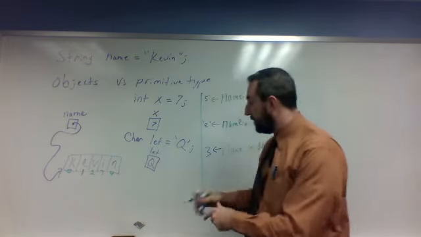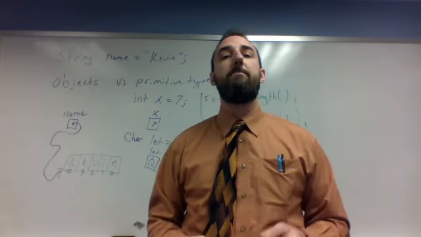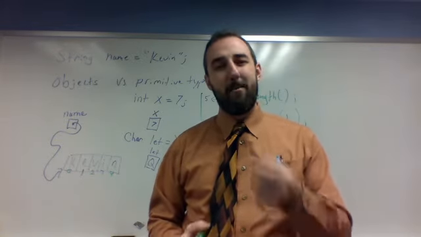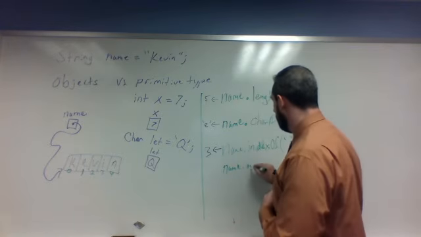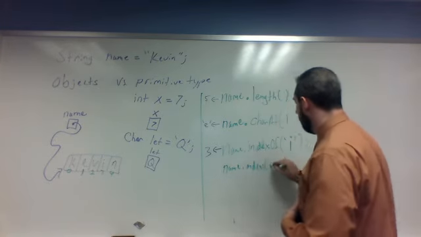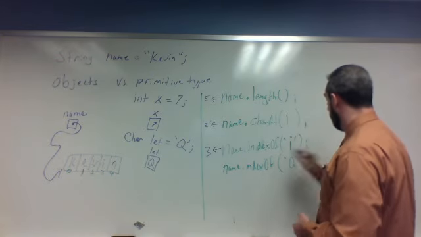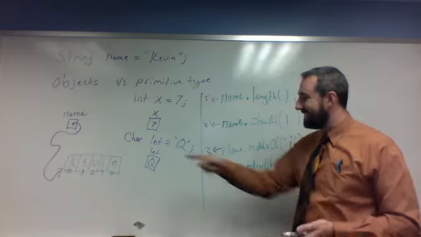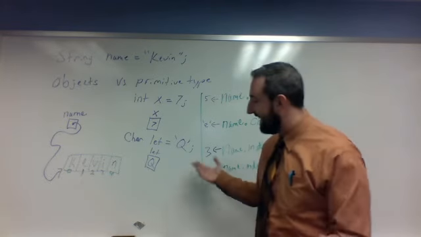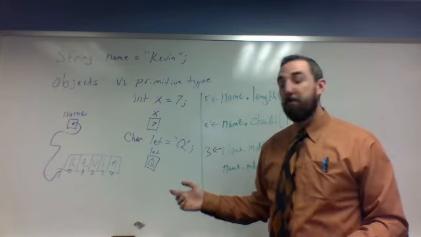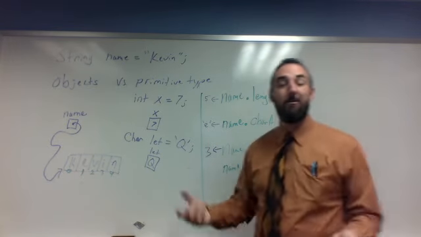Now, that's useful if you want to find out if a letter's in a word or where it is in a word. But what if the letter's not there? So what if I said something like name.indexOf, how about Q, best letter in the world? Well, the problem is that's not in name. So what's going to happen is the method's going to say, I can't find it, I don't know what to do. But because this method always returns a number, it has to give you back a number.